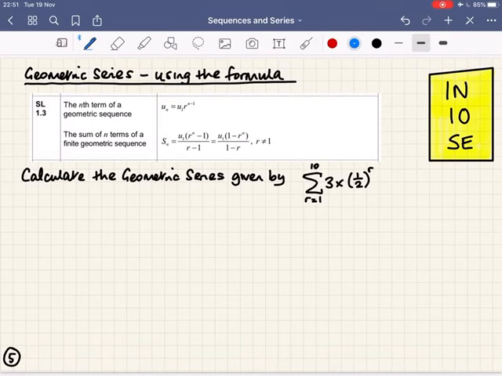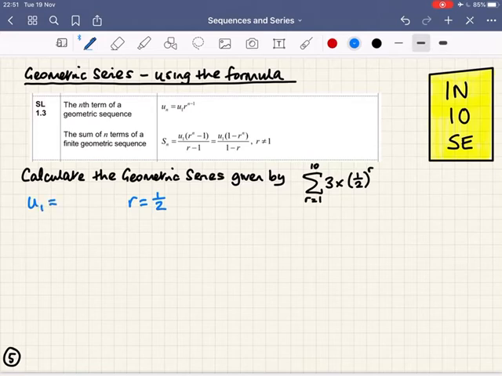You might see a question that is using sigma notation here. So no panic here, just write down what you know. You know that the common ratio is equal to a half, because I'm multiplying 3 by a half to the power of something every time. So common ratio must be a half. And my first term, I need to take care here.